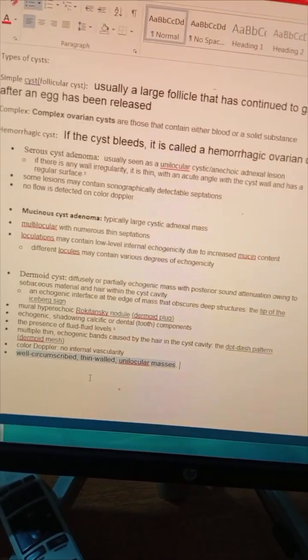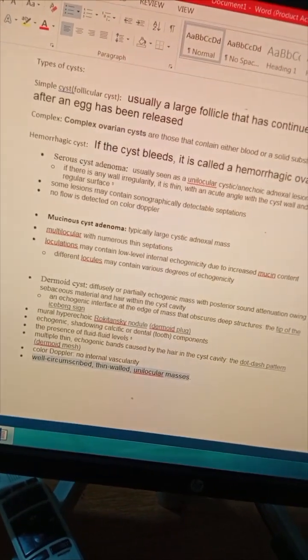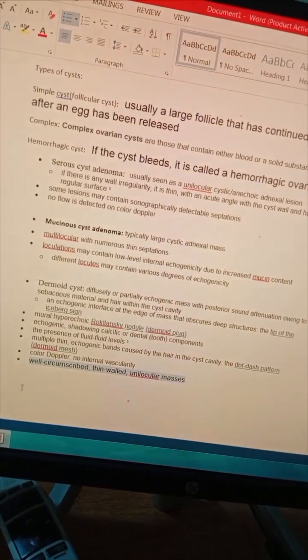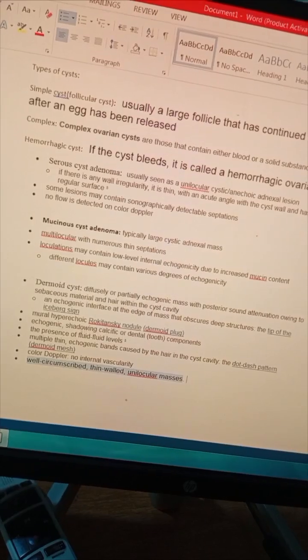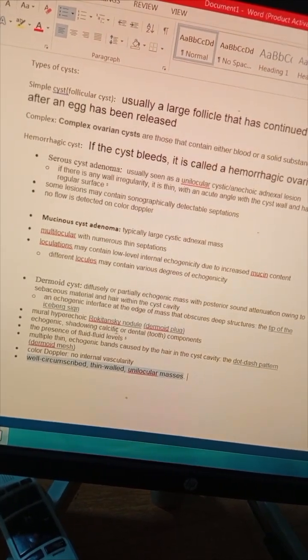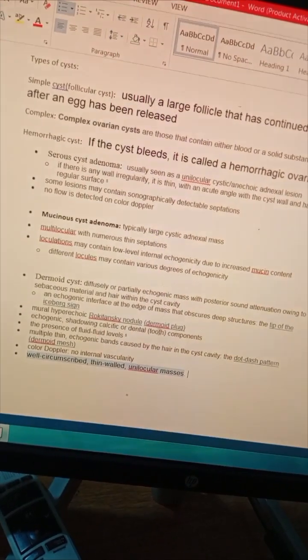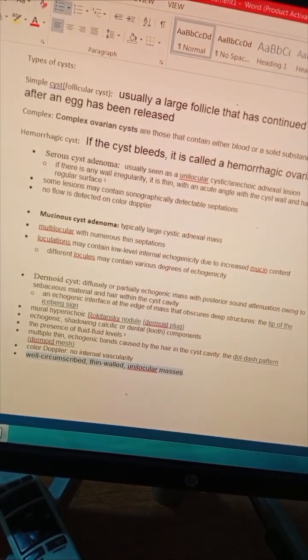These are well circumscribed, thin-walled, unilocular masses. They show no vascularity on color Doppler. They also show shadowing calcific or dental components, meaning tooth. It seems like a tooth in the cyst.